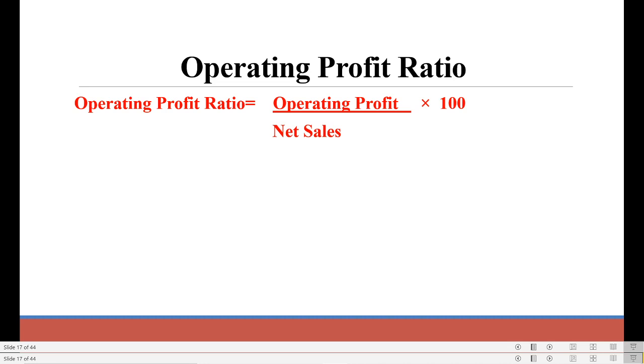Operating profit ratio meaning, there are two types of activities which happen in a company. Now this is in relation to the vertical income statement which is prepared, because in the normal trading and P&L account we don't categorize our activities as operating and non-operating. So in the vertical income statement, operating and non-operating activities come in the picture.